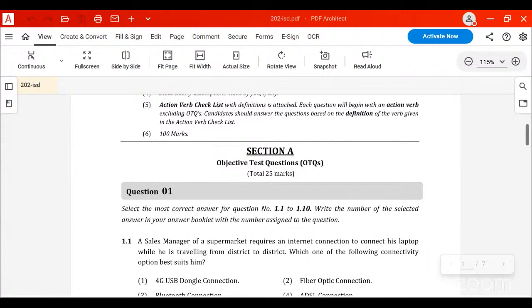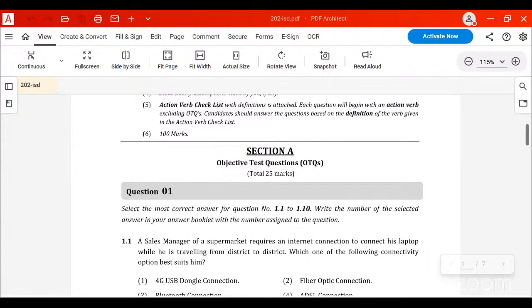As an example, we can ask: what connectivity using the suit the sales manager traveling to district, which system matches the definition of sharing data across the business functions? Those are example questions.